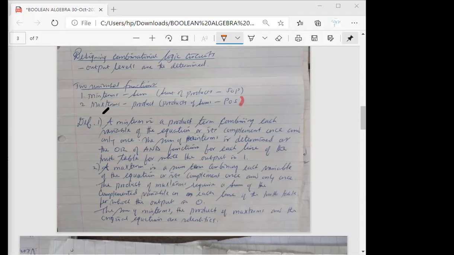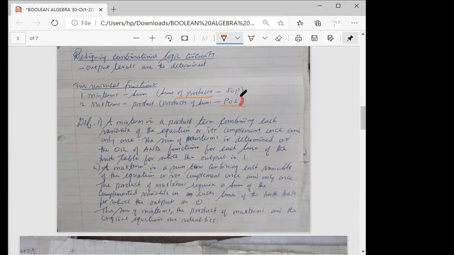Because as a scientist, an engineer, a technologist, or a computer person, you are supposed to design something that gives the variables that you desire. One of the best ways to do this is to use these two universal functions, what we call the min terms and the max terms. The min terms are the sums of products, or SOPs, and the max terms are the product of sums, or POS.